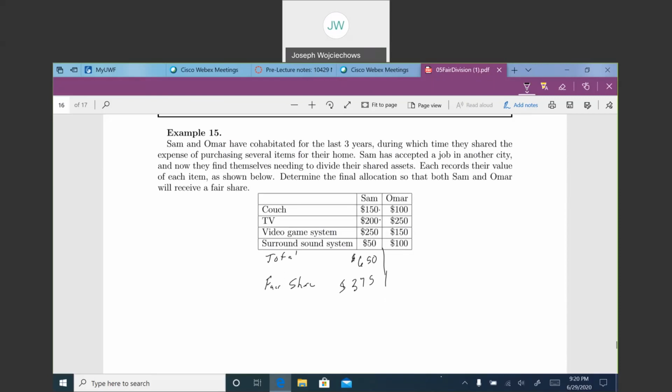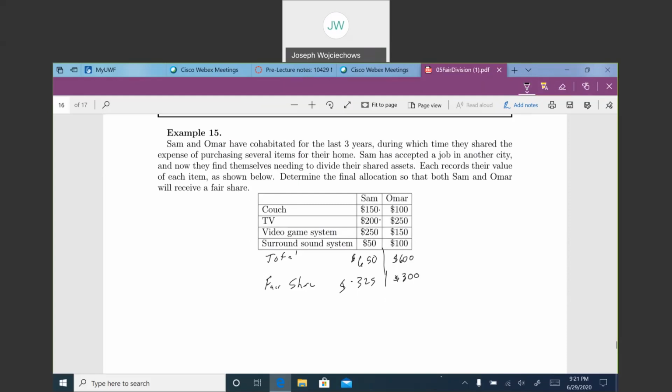Omar values everything at a total of $600, so a fair share to him would be $300. That'll teach me not to use my calculator. 325 and 300.